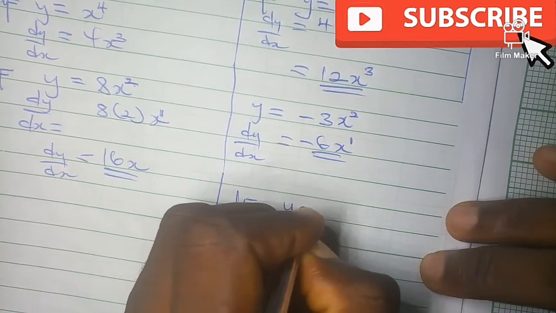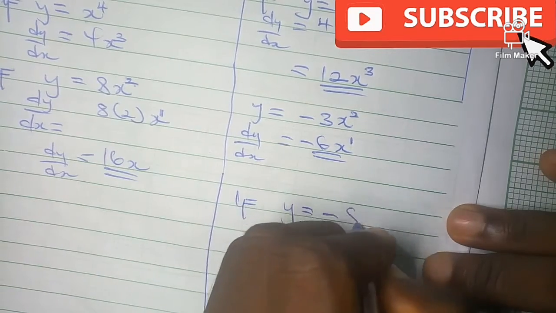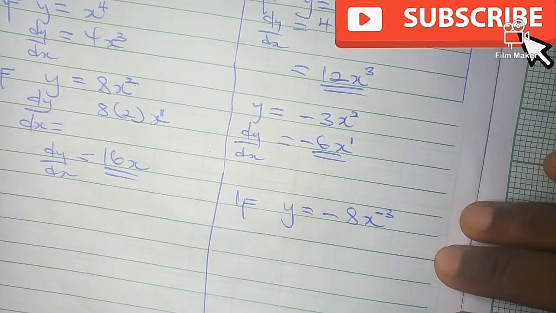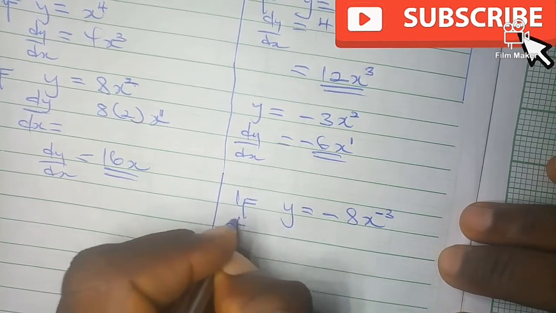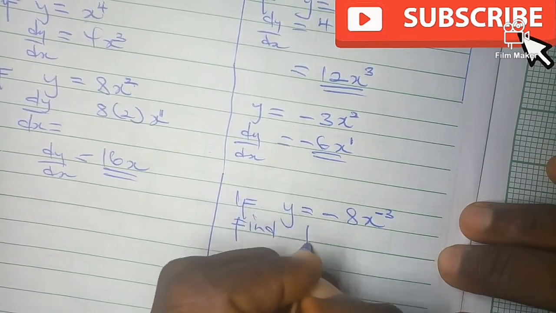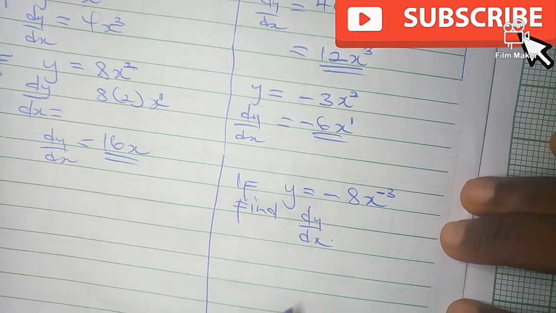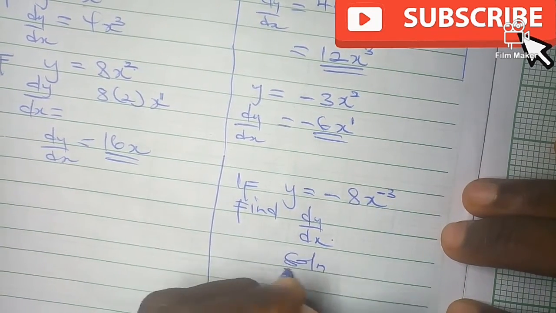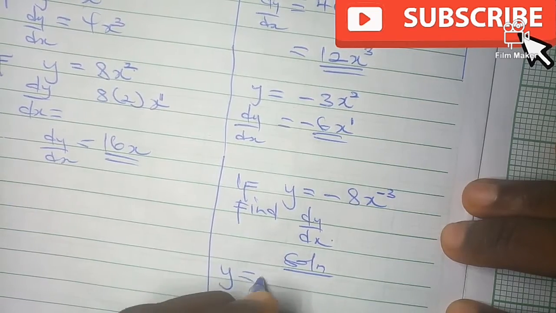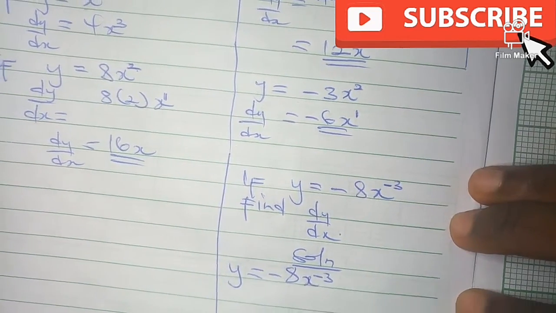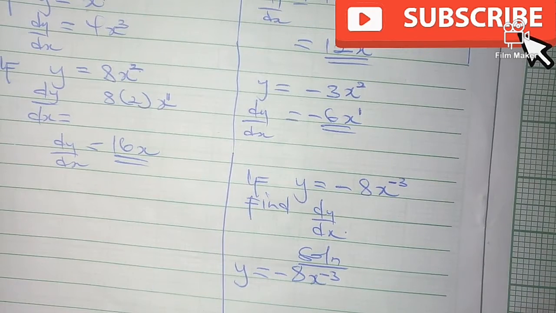If y is equal to minus 8x to the power minus 3, find dy/dx. Let's try this one. Solution: y is equal to minus 8x to the power minus 3, and we are asked to find dy/dx.